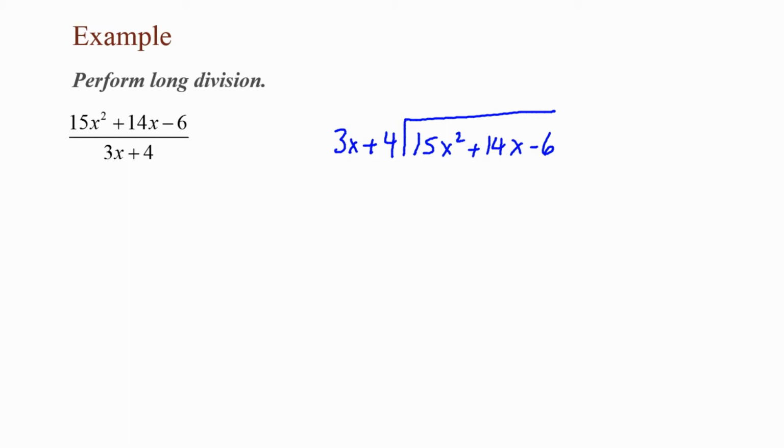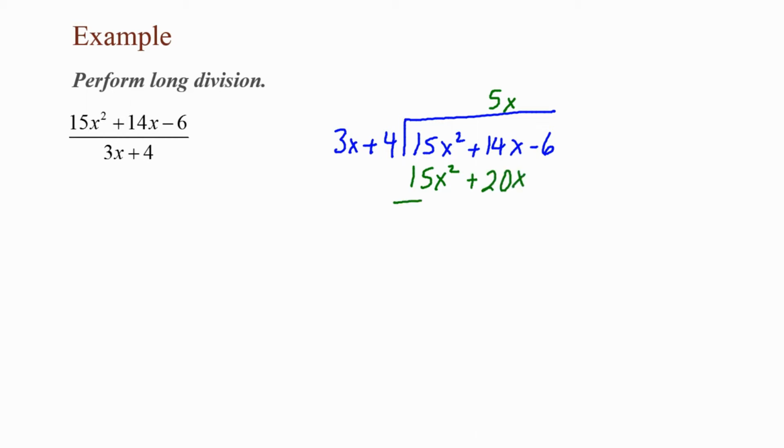So I need to multiply something by 3x that will give me 15x squared. 5x times 3x is 15x squared. Now I need to multiply by the 4. 5x times 4 is 20x.